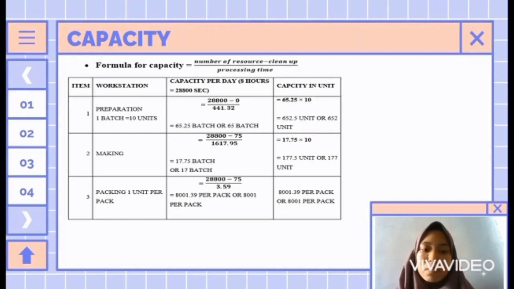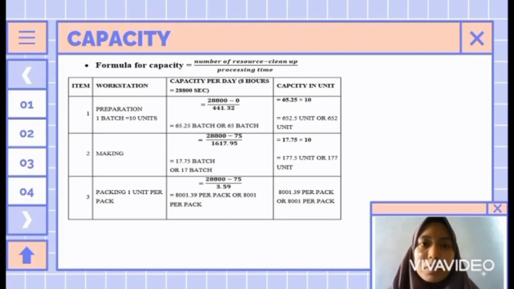For capacity per day workstation making, 17.75 batch or 17 batch. The capacity per day for packing 1 unit per pack is 8,001.39 per pack or 8,001 per pack.